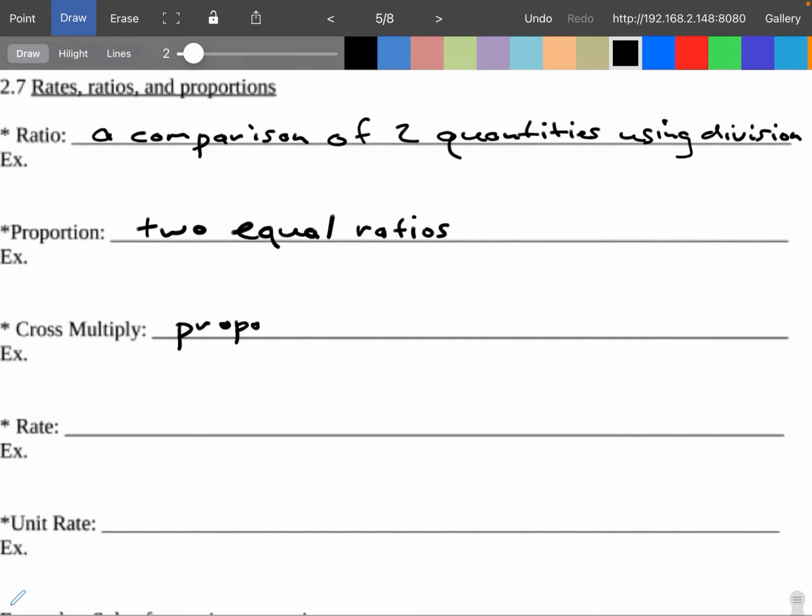So we'll put proportions have equal cross products. So proportions have equal cross products.